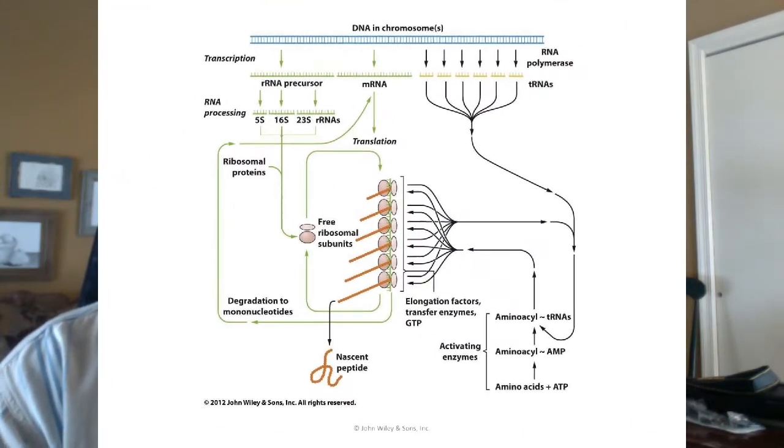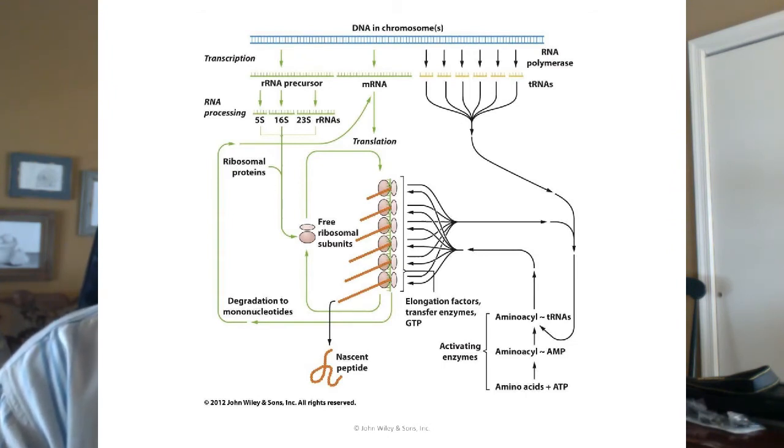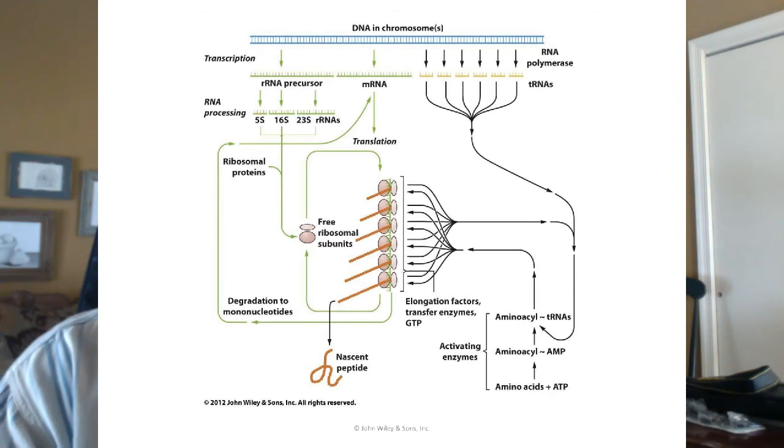The general manner in which translation occurs, again, transcription seems relatively simple compared to translation. And notice that we've got the ribosomal subunits in conjunction with messenger RNA. Okay, and we can see that multiple ribosomal subunits can line up on the same mRNA molecule, and each of them undergoing the elongation step of forming a peptide.